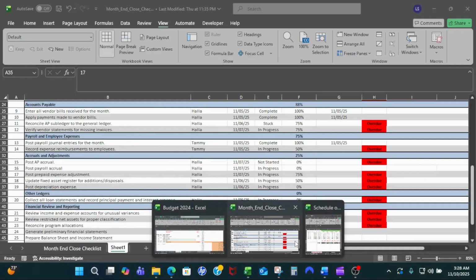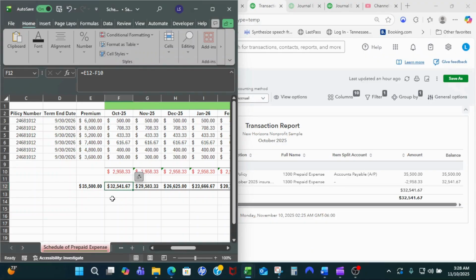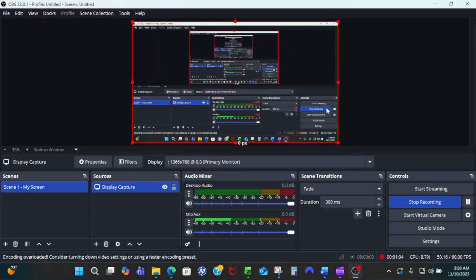And then on our schedule, our October ending balance should be 32,541.67. So we reconcile. And good job. That's how you reconcile and make adjustments to an account.